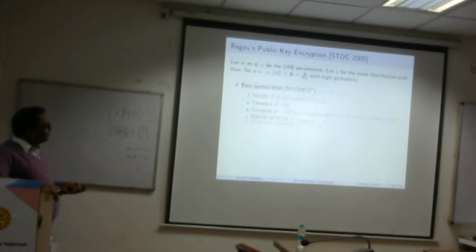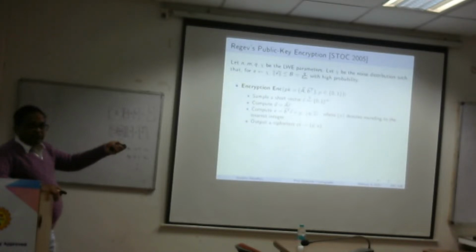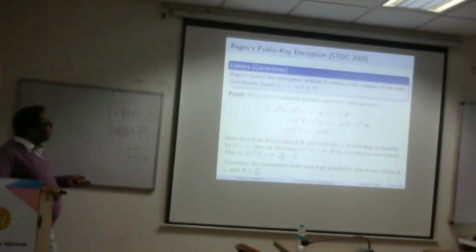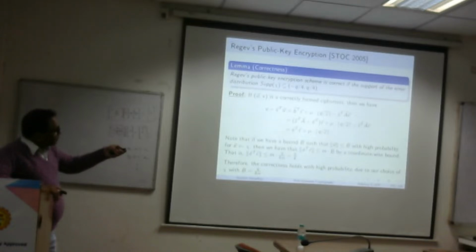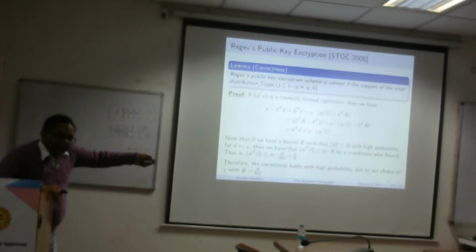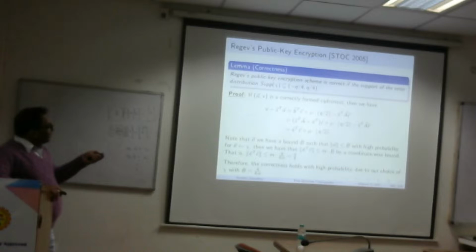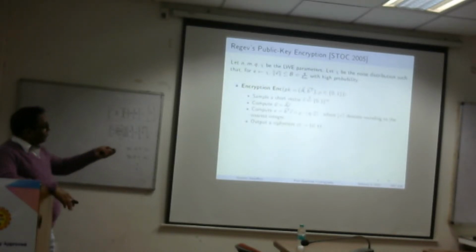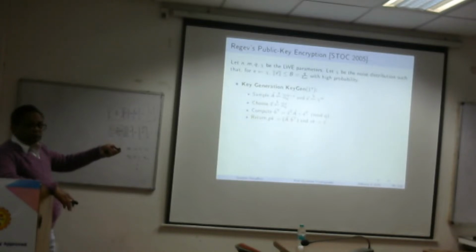Now what was U? U was A times R. So when you are doing this S times U, it is S times A times R. But now B was not random. B was computed very carefully, like this.